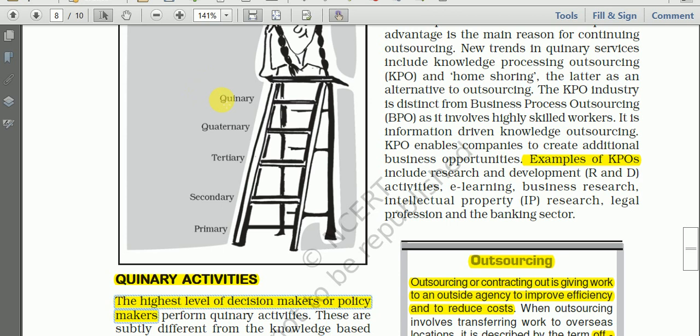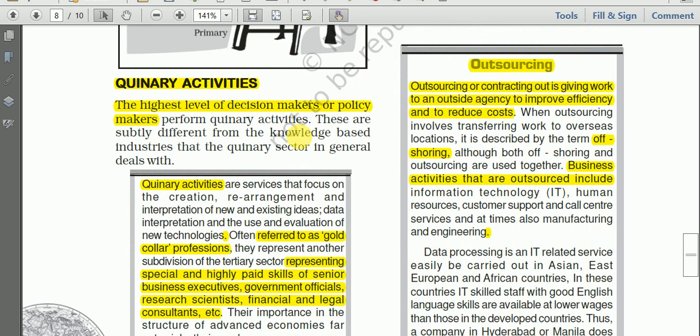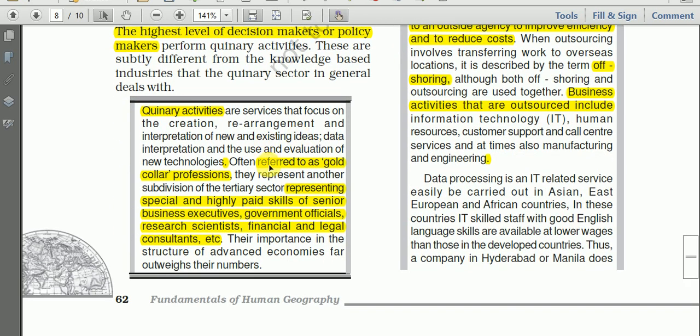Okay, the highest level. Then another important characteristic is that people engaged in quinary activities are referred to as gold collar professions or workers.